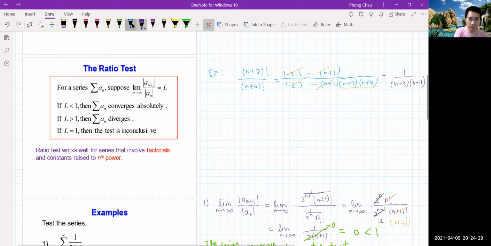Okay. Here's another example. Let's say you have to find 2n factorial over 2n plus 2 factorial.